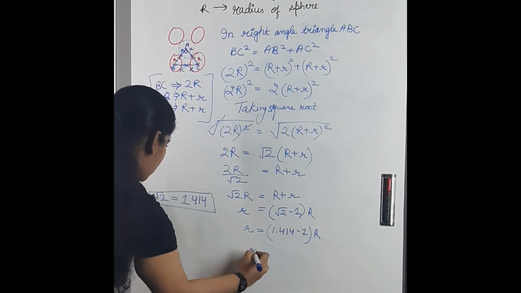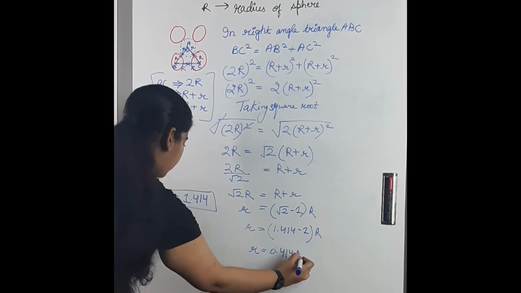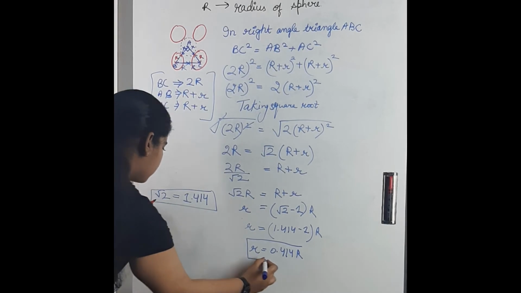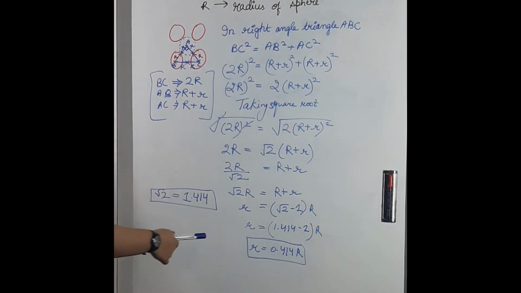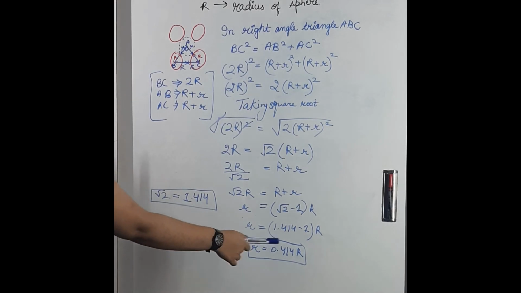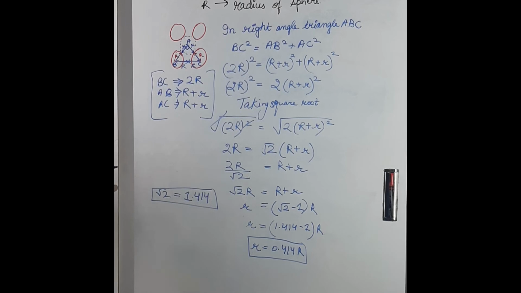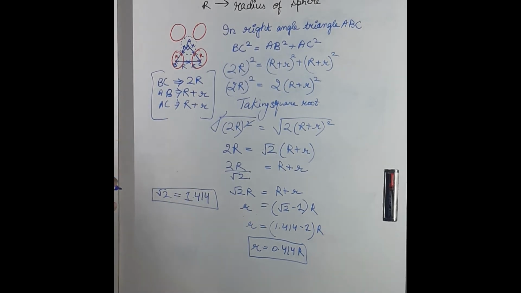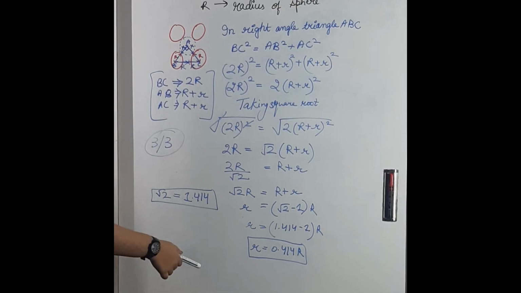So r is equals to 0.414 R. This is the relationship between small r and capital R, that is the radius of octahedral void and the radius of the sphere. This is a kind of derivation, guys. If it is asked in examination, it will not be less than 3 marks, and if you write this, your 3 out of 3 marks are sure.